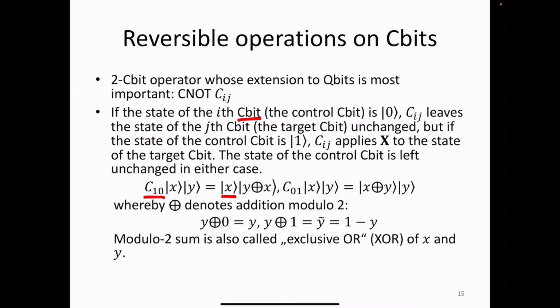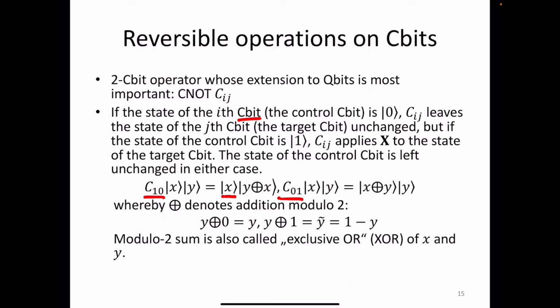If instead the first one were 1 and the target bit were 0, you would also add it up. 1 plus 0 divided by 2, you have 1 remainder, so it sets the target bit to 1. That's how that works. And of course it also works with the second one as control bit and the first one as a target bit.